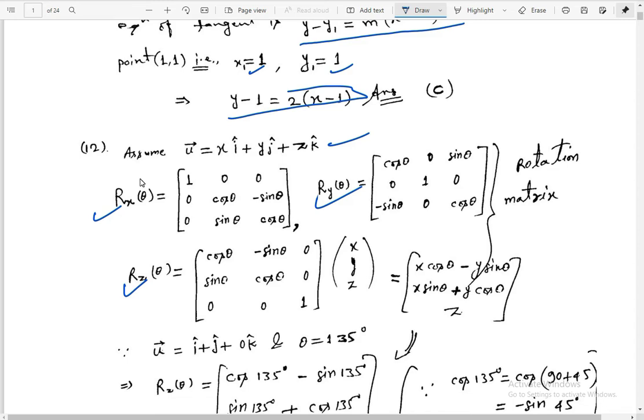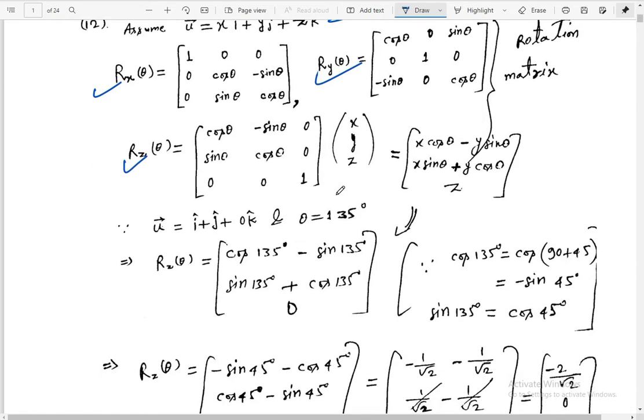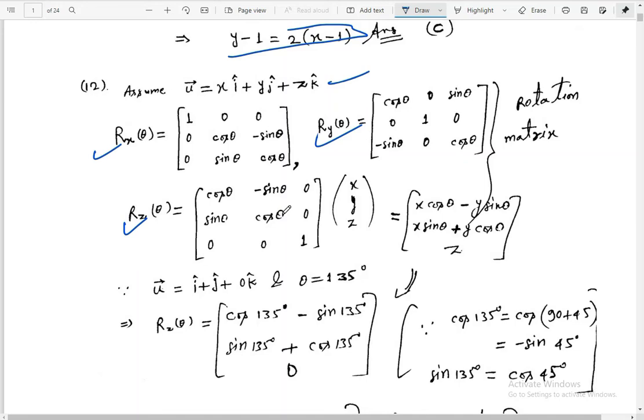Actually this is rotation about the z axis, so we will apply this formula Rz, and we multiply it with the x, y, z values, so we multiply these two matrices. After multiplying, we get x cos theta minus y sin theta, x sin theta plus y cos theta, and z.